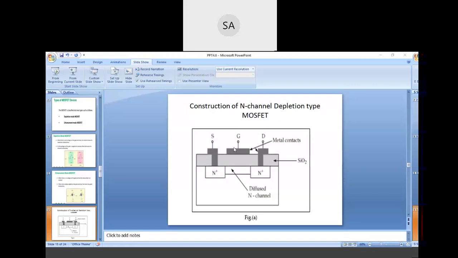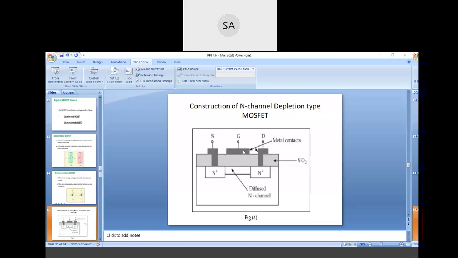Over that layer, we form aluminum as the gate material, and to maintain the contacts, holes are made into the N-type diffusions to make contact with the source and drain.